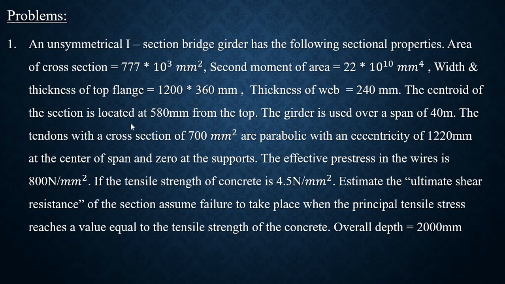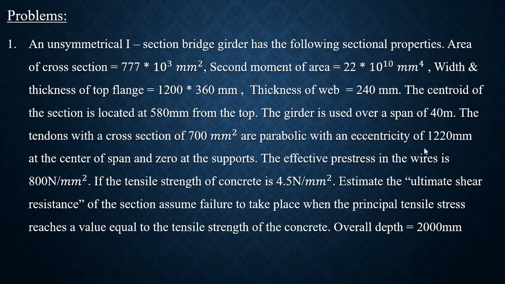Centroid of the section is located at 580 mm from the top. This word is important: the centroid is measured from the top. It is at a distance of 580 mm. Length of the girder is 40 meter. The cross section of the tendon is 700 mm square. It has an eccentricity of 1220 mm at the center of the span and 0 at the supports.